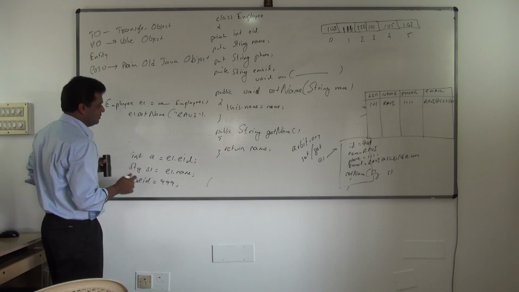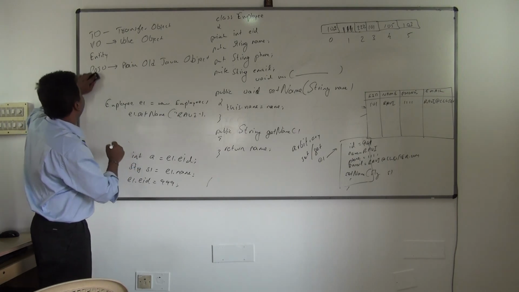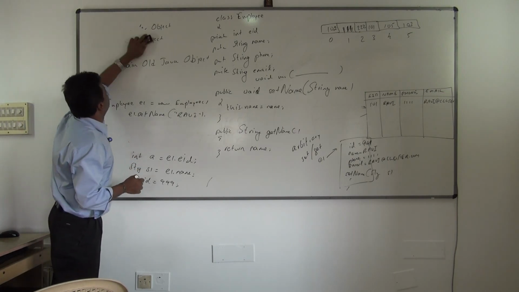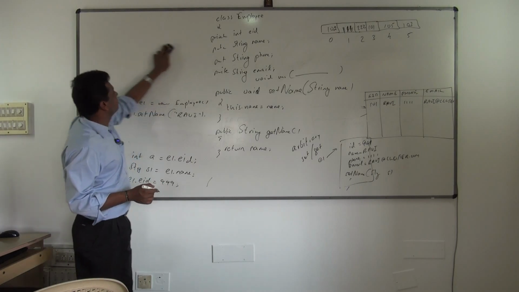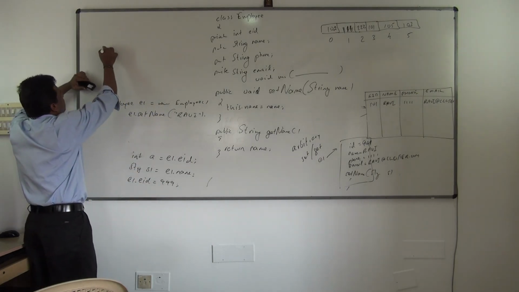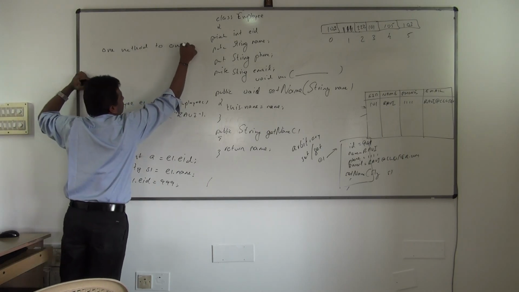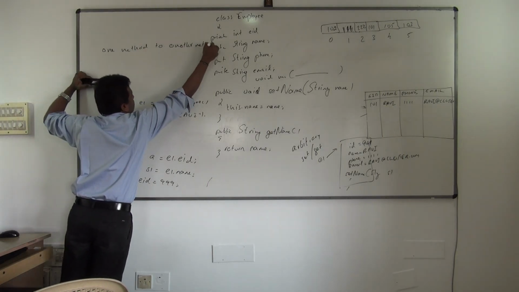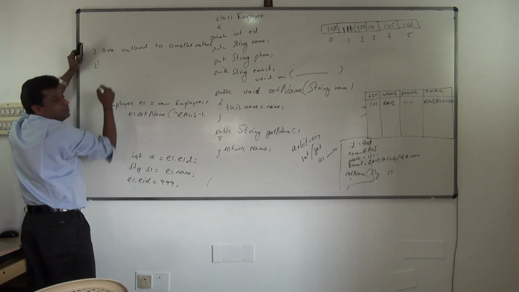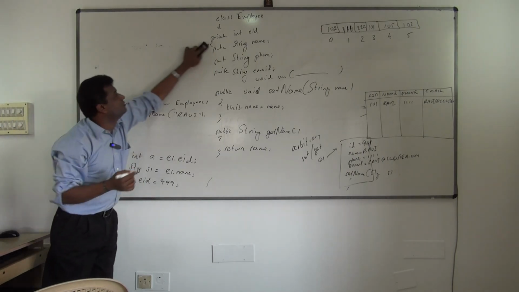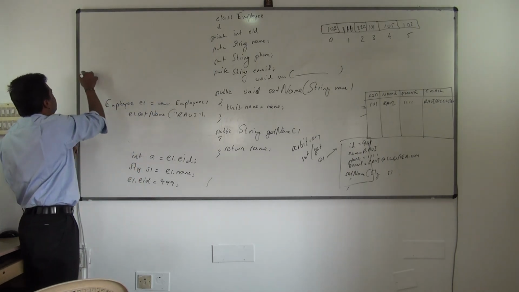Write like this, from one method to another method. I'll explain this point. To another method. You might send it from one method to another method.